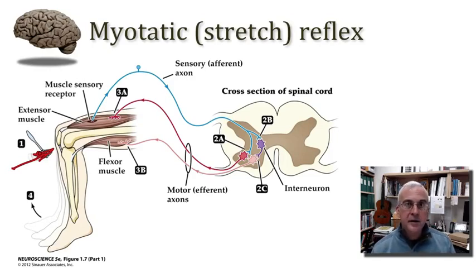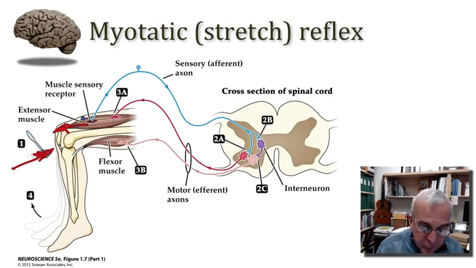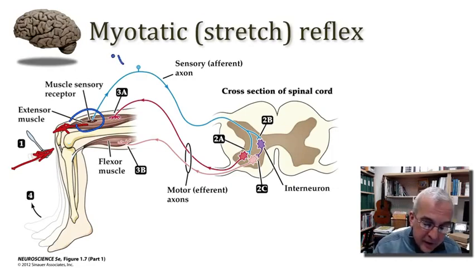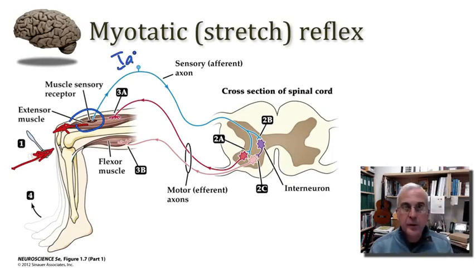What's actually being done with the tap of the tendon is a stretch is being applied to this quadricep muscle. As that stretch is applied, it activates our group 1A axons that supply the nuclear bag fibers in the muscle spindle. I say group 1A because it's a very quick, dynamic sort of stretch that's applied, and that's exactly the kind of stretch that the nuclear bag fiber and the group 1A afferent are going to signal.